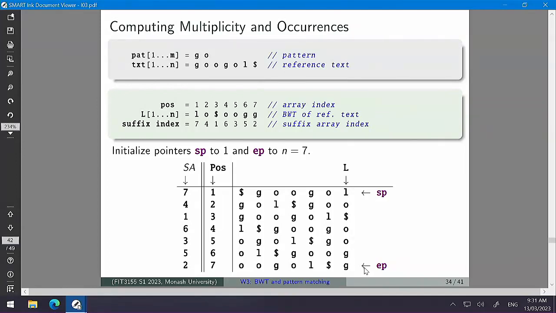And how do you search? You have to search for the pattern in reverse order. The pattern is GO, so you start the other way. The first letter you search on is O.